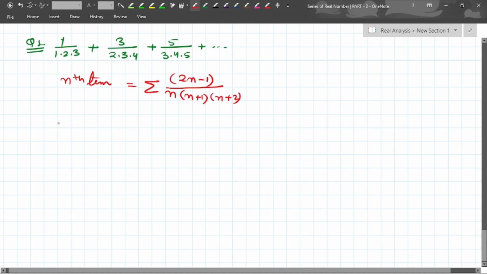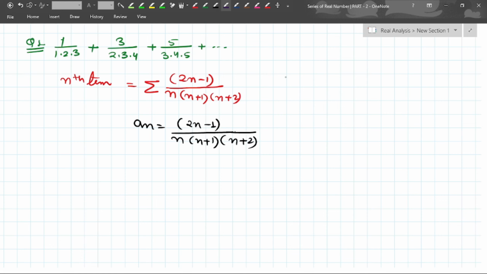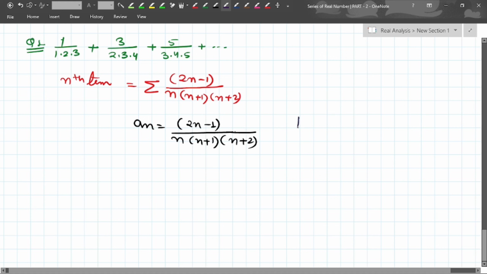Now what is the first criterion? We have to choose one bn here. Let's say my an is nothing but 2n minus 1 upon n into n plus 1, n plus 2. Now what should bn be, so that I can compare with it? Choose bn in such a way that we take the degree of the denominator, that is 1 by n cube.